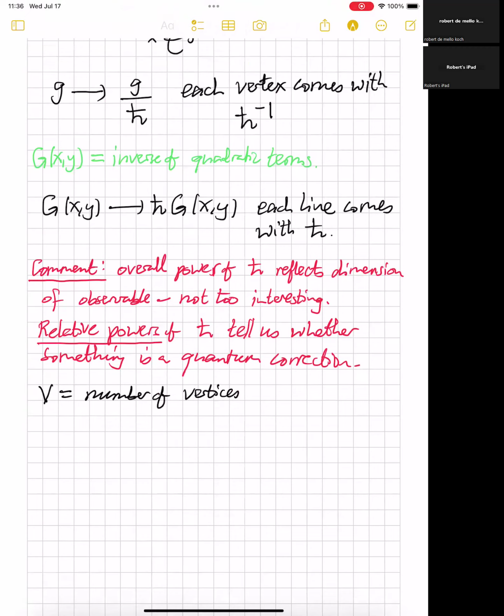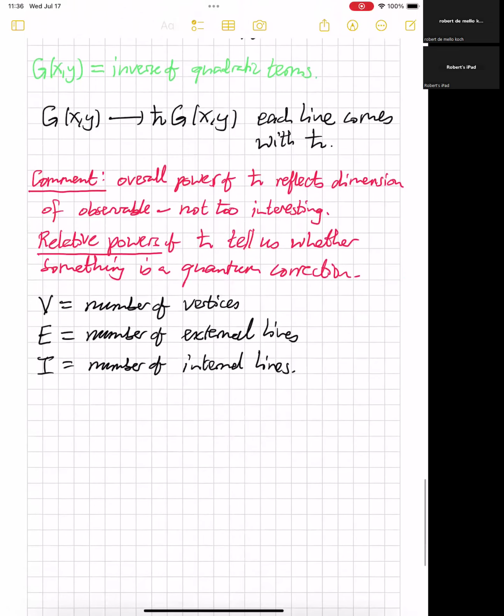I want to count the number of external lines, and I want to count the number of internal lines. And it won't be obvious to you at this stage why I want to keep track of things in this way, but by the end of the next lecture, you'll see this is actually useful extra information.